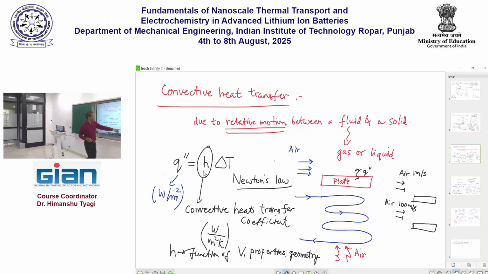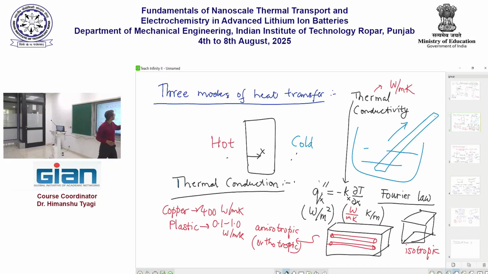Earlier we said that thermal conductivity is 400 for copper, 0.121 watt per meter Kelvin for plastics. That is not as simple for H.